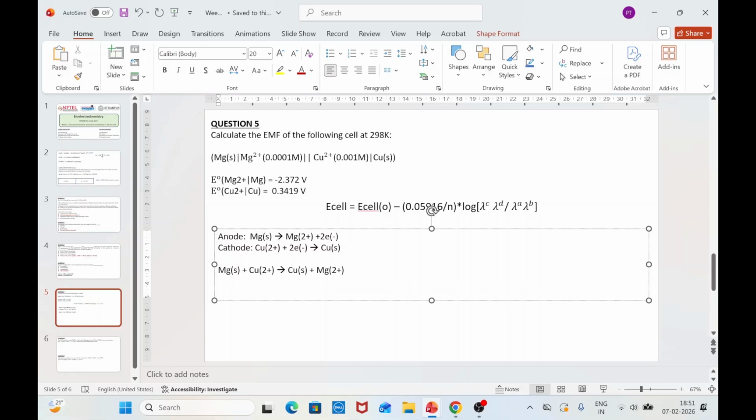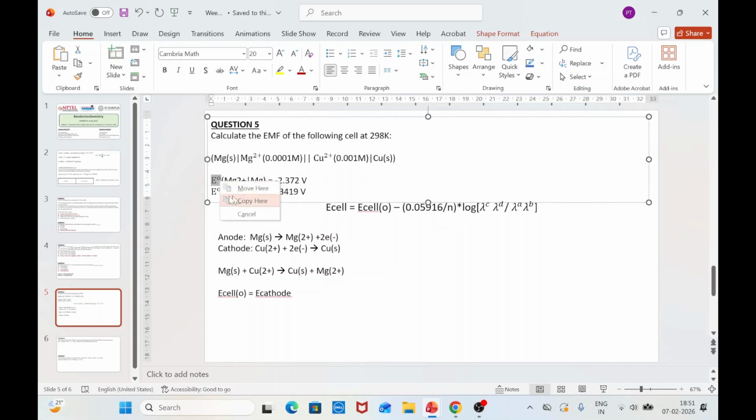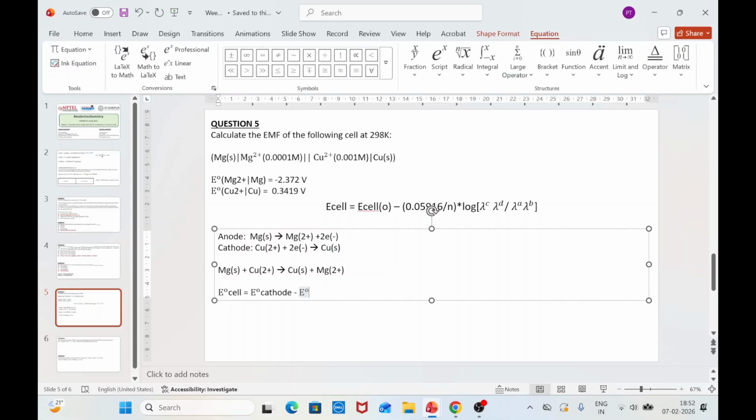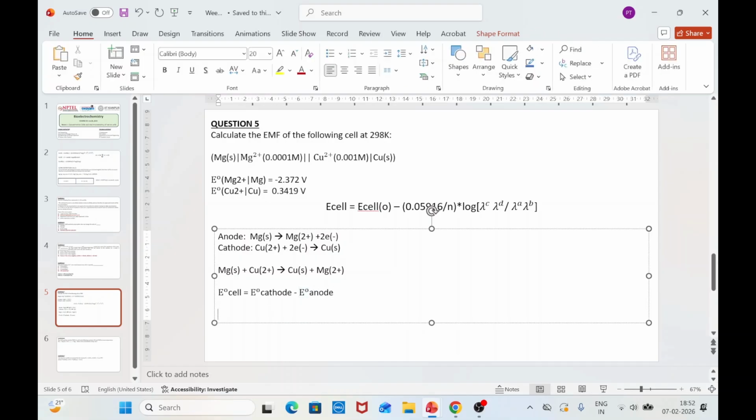So now E naught of the cell is nothing but E naught of the cathode, since we have this, E naught cell is nothing but E naught cathode minus E naught of anode.